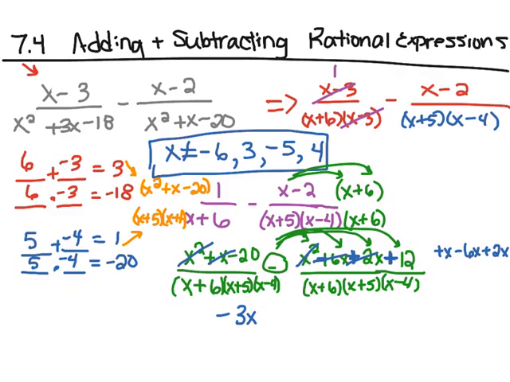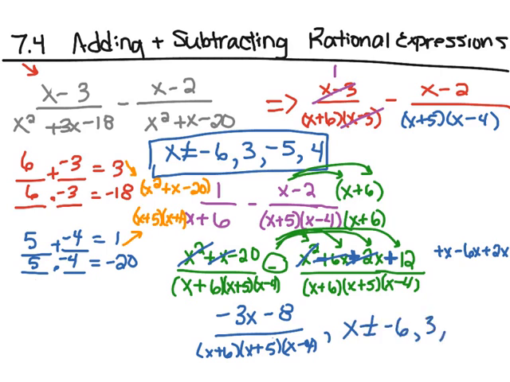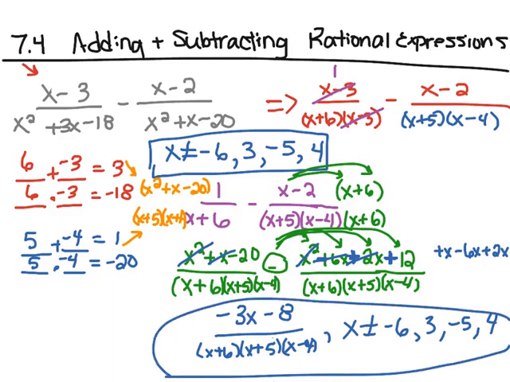So negative 20 plus 12 is negative 8, all over x plus 6, x plus 5, x minus 4. That's a 4. When x does not equal negative 6, 3, negative 5, or 4. So that should be your final answer.